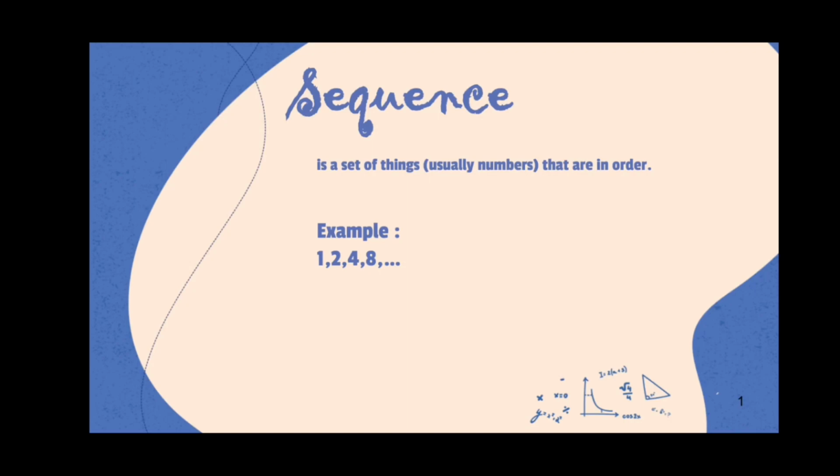For example, 1, 2, 4, 8, and 3 dots. I mean, number 1 is the first term, number 2 is the second term, number 4 is the third term, number 8 is the fourth term, and 3 dots means to infinity.